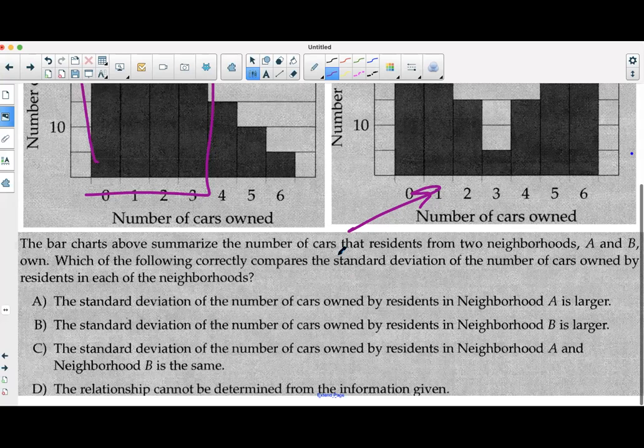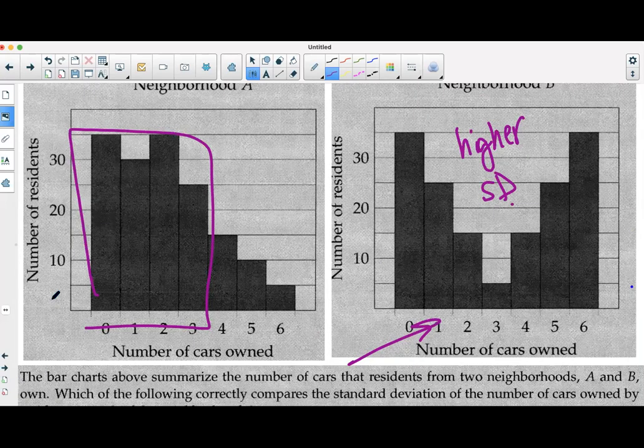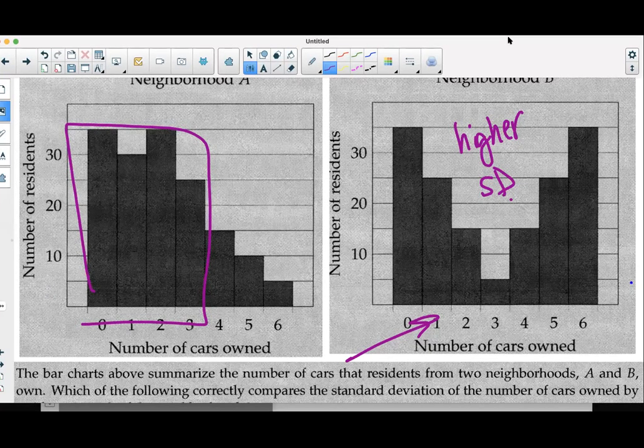And the question is, what do you get? Standard deviation of the number of cars owned by the residents, B is larger? That's correct. Are you guys good so far? Yeah? So that's one thing that we wanted to do.